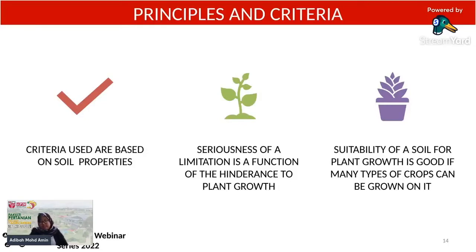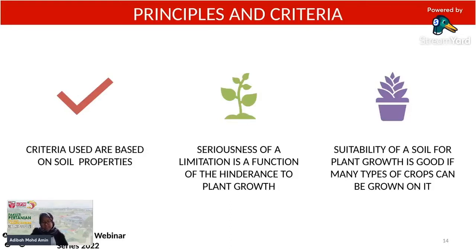However, there are some assumptions in evaluating soil suitability. One assumption is that the management level is medium. The limitation is only evaluated due to crop growth, and we also observe the physical limitation.